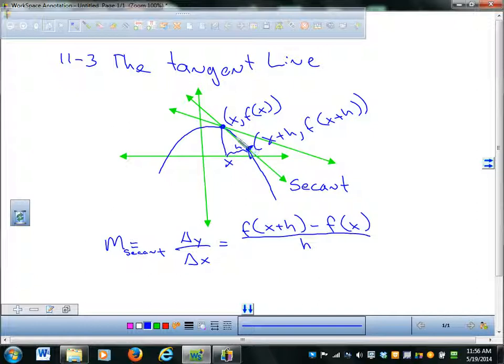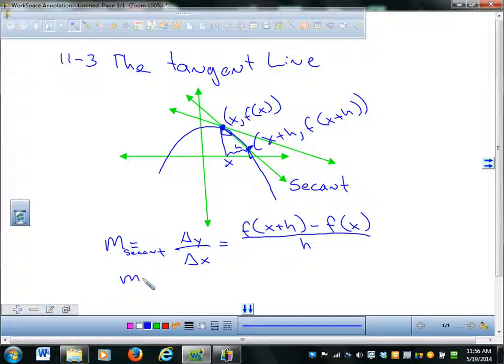But as h gets smaller and smaller, I get a smaller and smaller triangle. You see that? And if I make this triangle infinitely small, right here, the slope will be exactly the same as the slope of that line. And that line is called the tangent line.